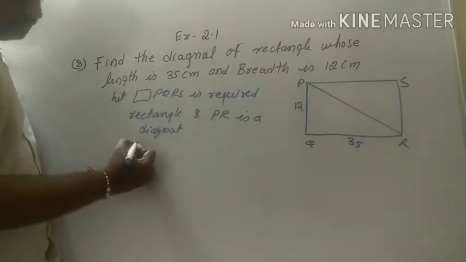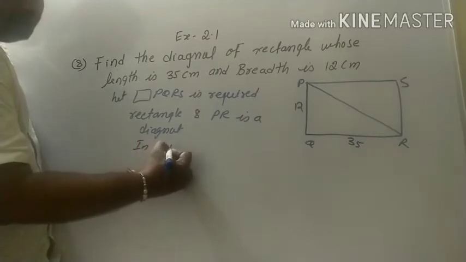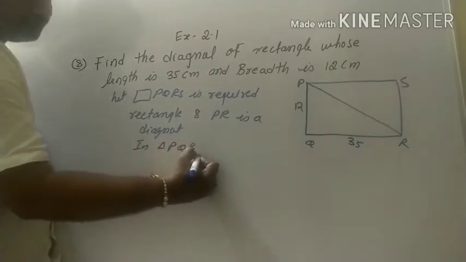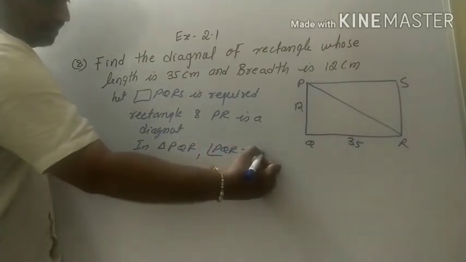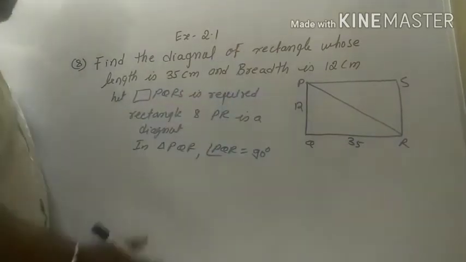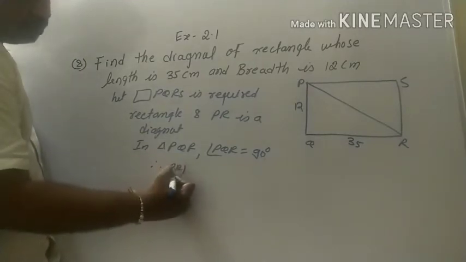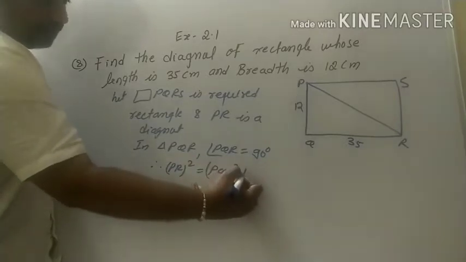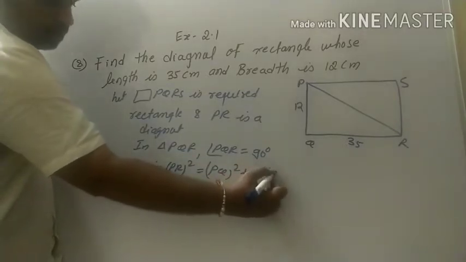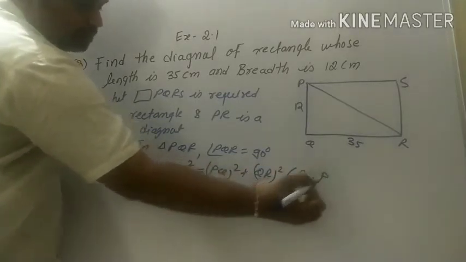So in triangle PQR, angle PQR is equal to 90 degrees. Reason: the angle of a rectangle. Therefore PR square is equal to PQ square plus QR square, by Pythagoras theorem.